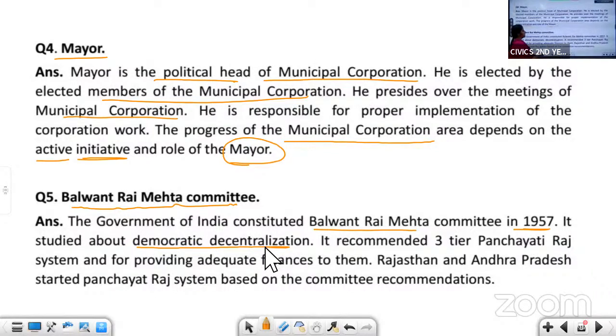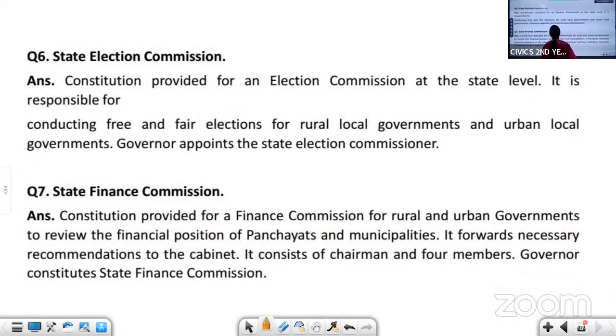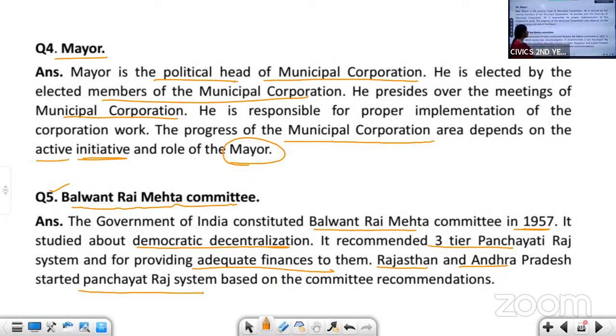This committee recommended a 3-tier Panchayat Raj system and providing adequate finances to them. It was Andhra Pradesh and Rajasthan, these 2 states, that started the Panchayat Raj system on the recommendations of the Balwant Rai Mehta Committee, this 3-tier Panchayat Raj system.